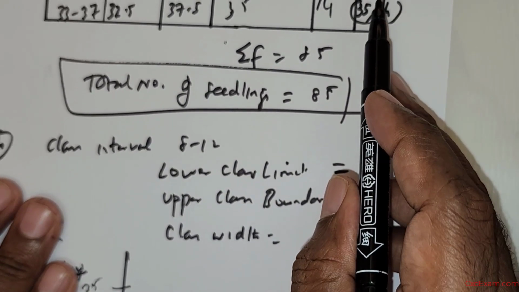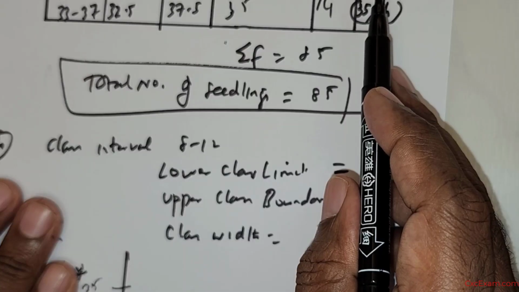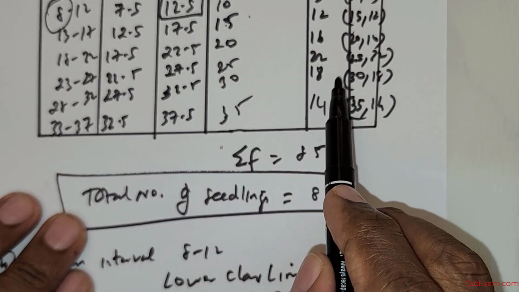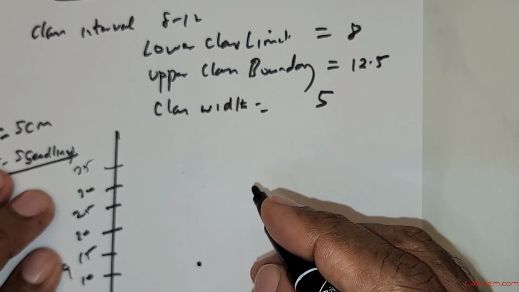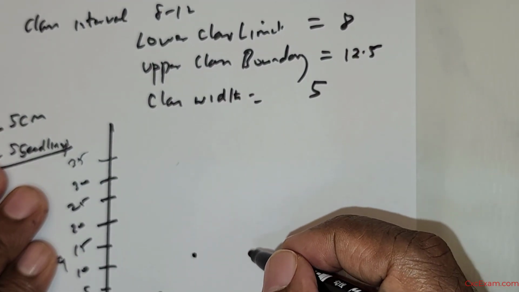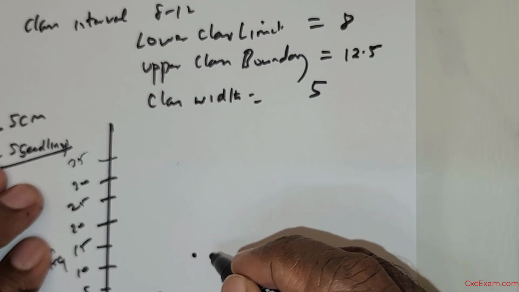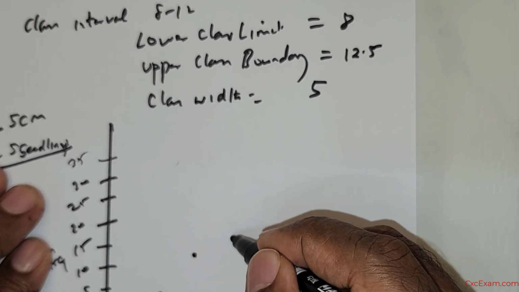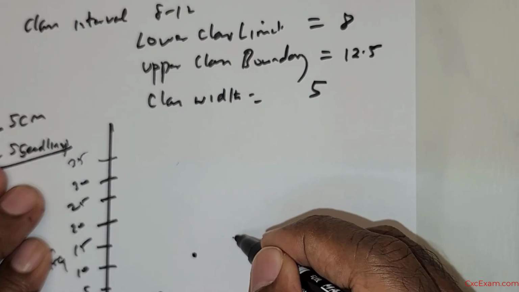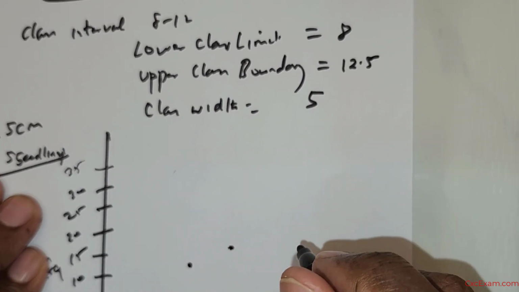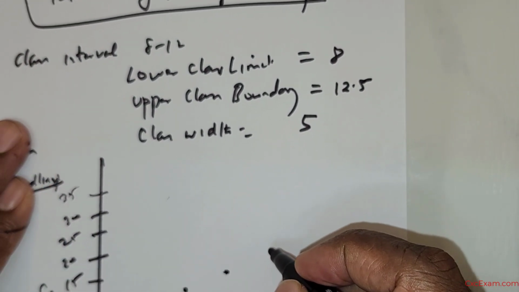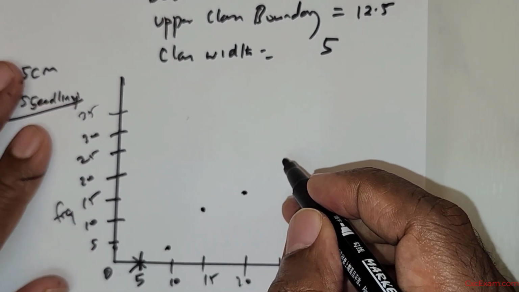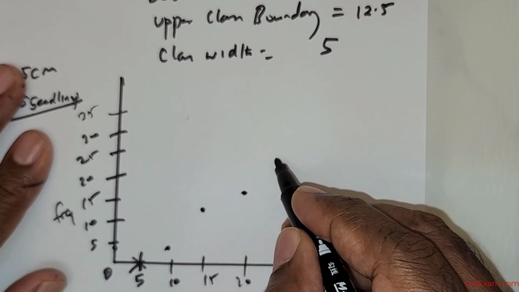And then 20 centimeter, how many are there? 20 centimeter, you have 16. So this is 15 and this is 16. Okay. And then 25, 22, over here.